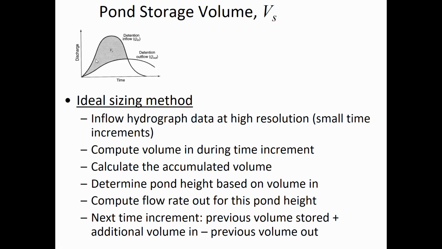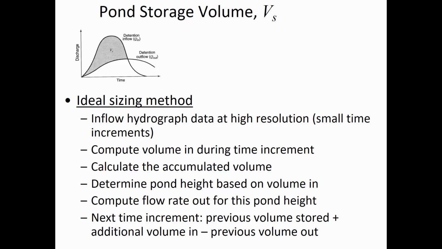So ideally what we'll have is an inflow hydrograph at high resolution, at least hourly increments. And the more frequently, the better, because what we're doing is kind of a numerical integration. We'll calculate the volume into the pond during some time increment. We'll calculate the accumulated volume up to that point, and then we're going to find out how high the pond is, because it's the pond depth that dictates the flow out.